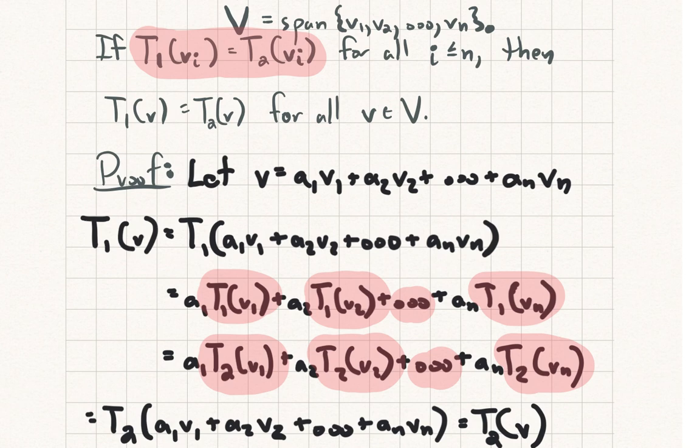We showed that T1 of V equals T2 of V. And the thing that we had to use was, once we separated this into a linear combination, that T1 of V1 equals T2 of V1, and the same thing for all the other vectors in our spanning set. So using that, we were able to write T1 of V in the same way as T2 of V, so these guys are equal.